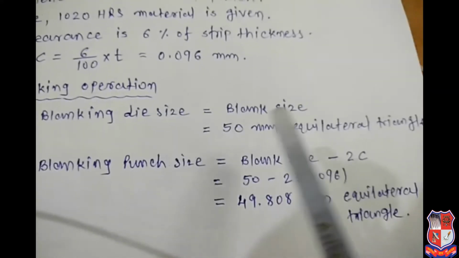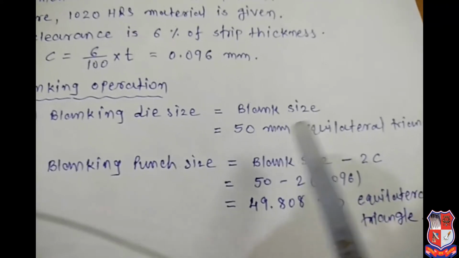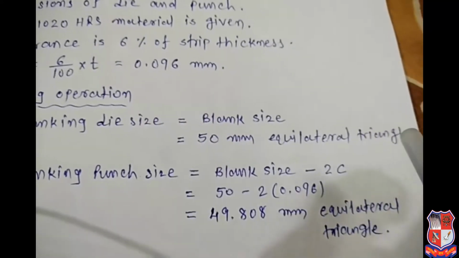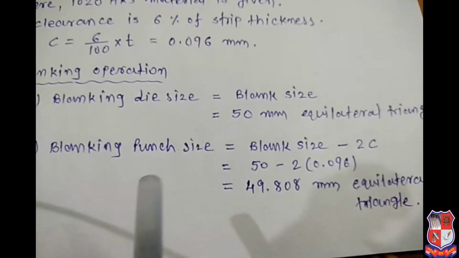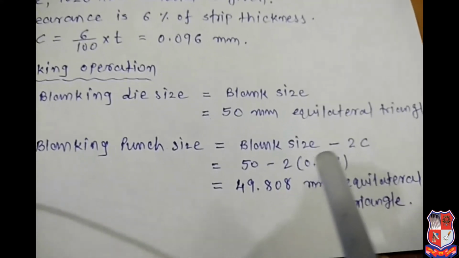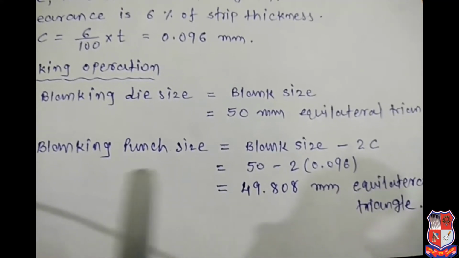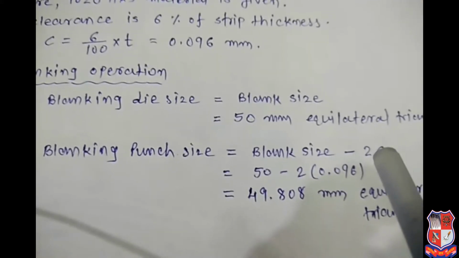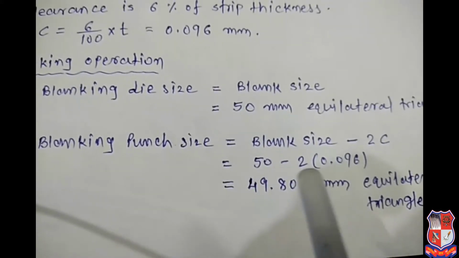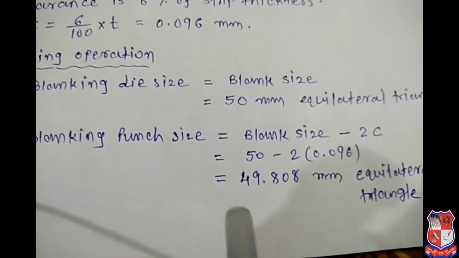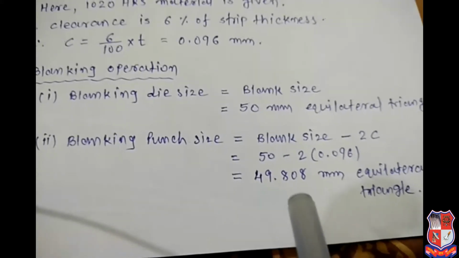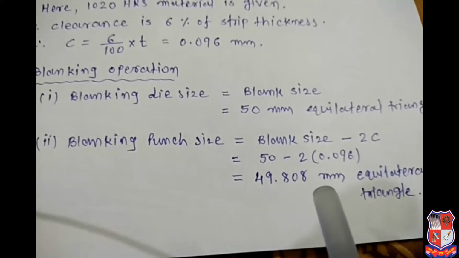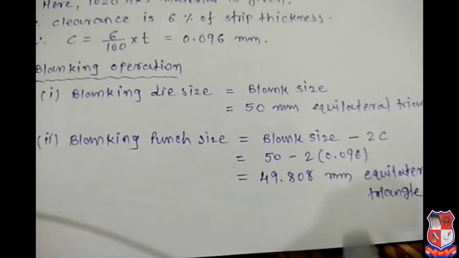So blanking die size is equal to the blank size, and that is 50 mm equilateral triangle. Blanking punch size will be blank size minus 2C, because the punch size will be lesser than the die size. So 50 minus 2 into 0.096. So blanking punch size will come around 49.808 for the equilateral triangle.